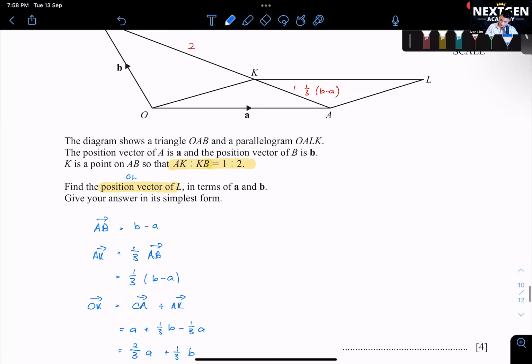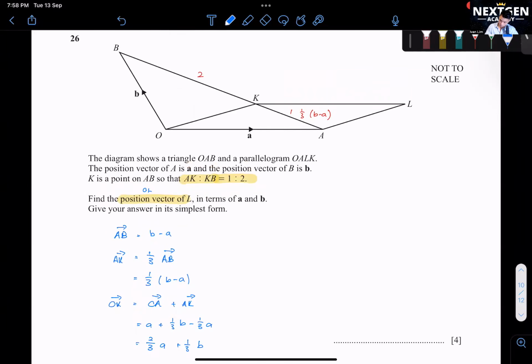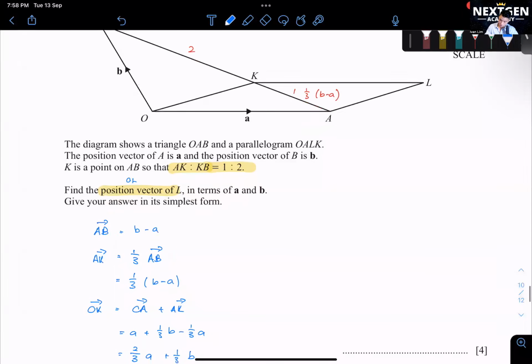Did they say anything else? AL is equal to OK. Why? Because of this word here, parallelogram. So this one and this one are exactly the same, and over here and over here are exactly the same.